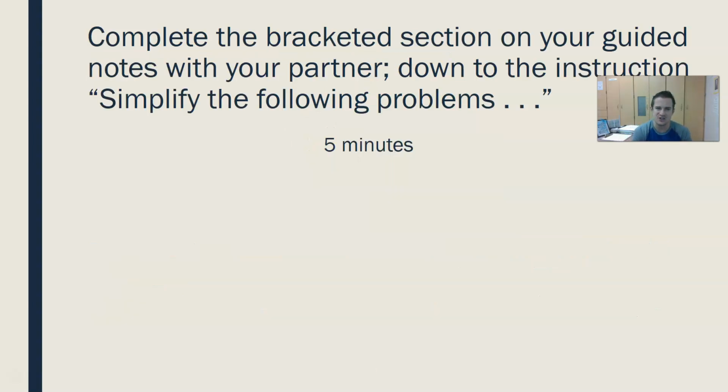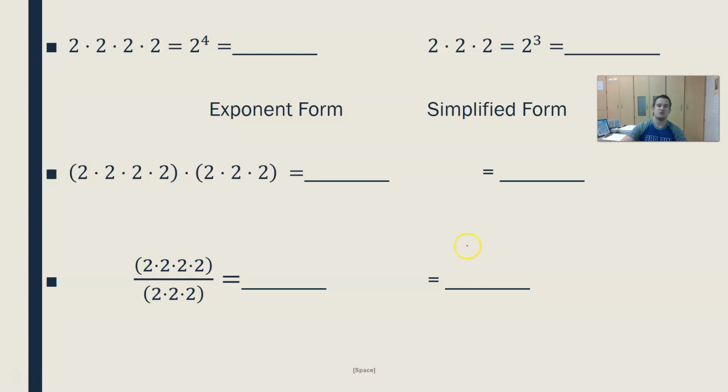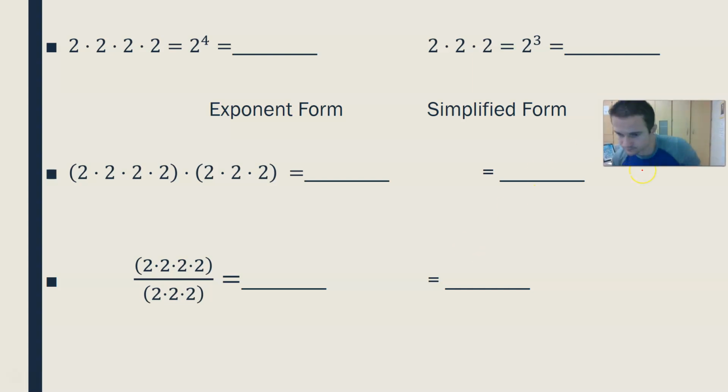There's a section in your guided notes that typically I'd have you do with a partner or in a group, that I'm just going to do with you. For example, if I have 2 times 2 times 2 times 2, that's equal to 2 to the 4th, because it's 2 multiplied by itself 4 times.